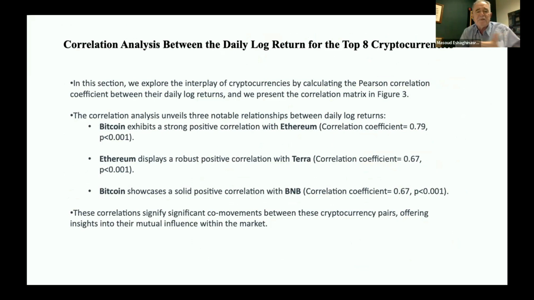Ethereum displays a positive correlation with Terra, and Bitcoin showcases a positive correlation with BNB, and so you can find the best correlation between these numbers. And this is important because Bitcoin shows that in this period of time it is the strong one in the market.